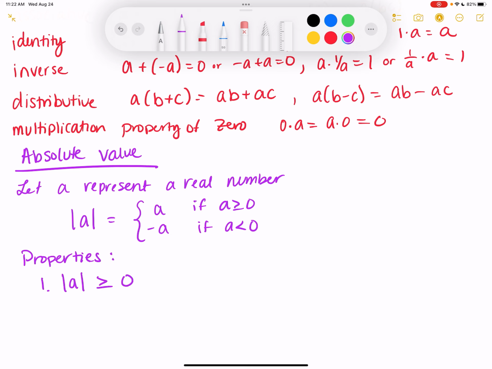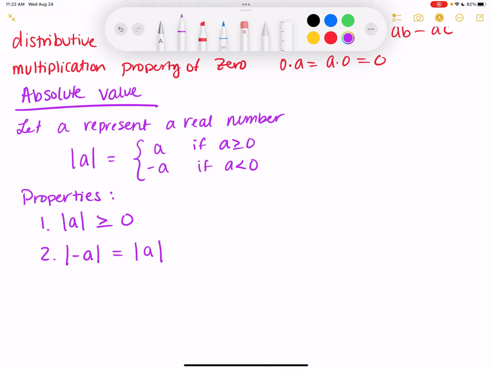Remember, absolute value makes everything inside of it positive. 2, the absolute value of negative A is equal to the absolute value of A. 3, the absolute value of A times the absolute value of B equals the absolute value of A times B. So if you have two separate absolute values, you can combine them into one, or the reverse is also true. If you have them together, you could split them as long as it's multiplication.